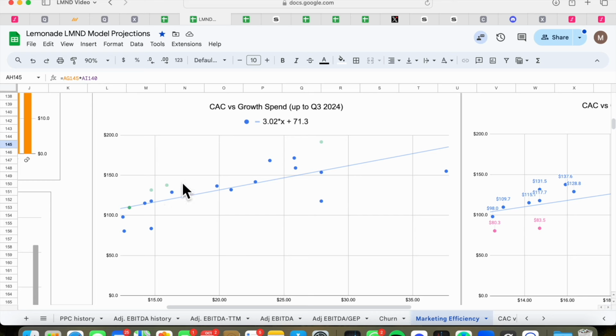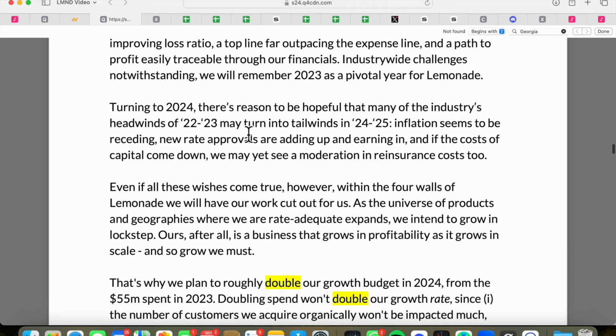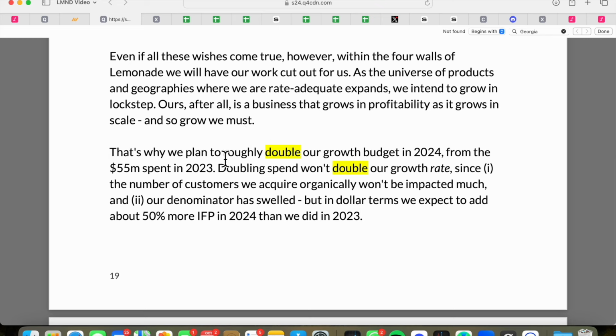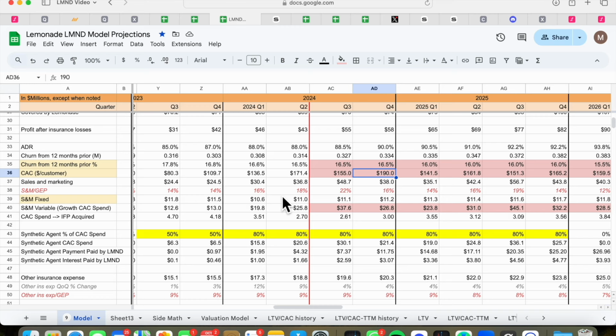So based on that, and also in one of the earnings reports, they had this note that says they plan to roughly double their growth spend in 2024 from 55 million in 2023. So they're going to spend about 110 million in 2024. If I flip back to the model here, you can look at that growth spend line. You can sum those 4 quarters up and have 110 million, and the balance in Q4 is 110 million minus the sum of the rest, which is probably 27 million spent in that quarter.